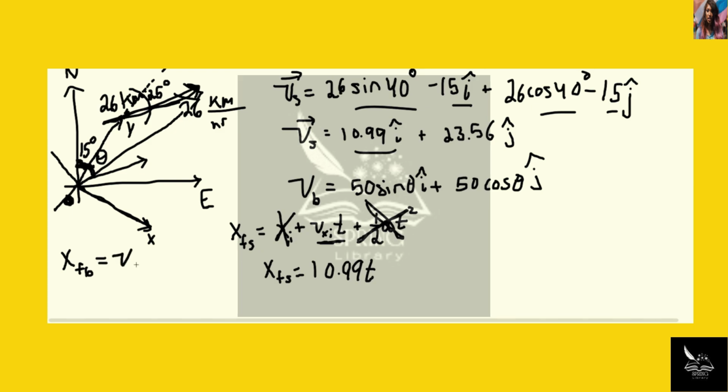So we're going to have a new x initial, and I should probably put a little b here so we know it's for the boat, initial times time. And if we go ahead, we can plug in that we have this guy right here, it's 50 sine theta. So we'll put that as 50 sine theta times t.